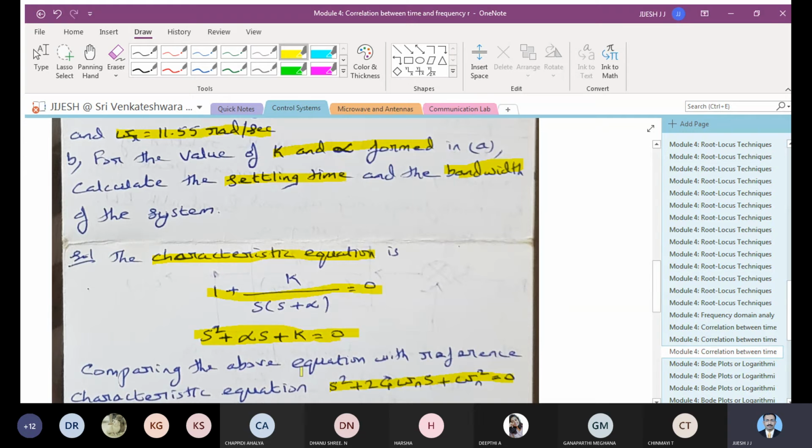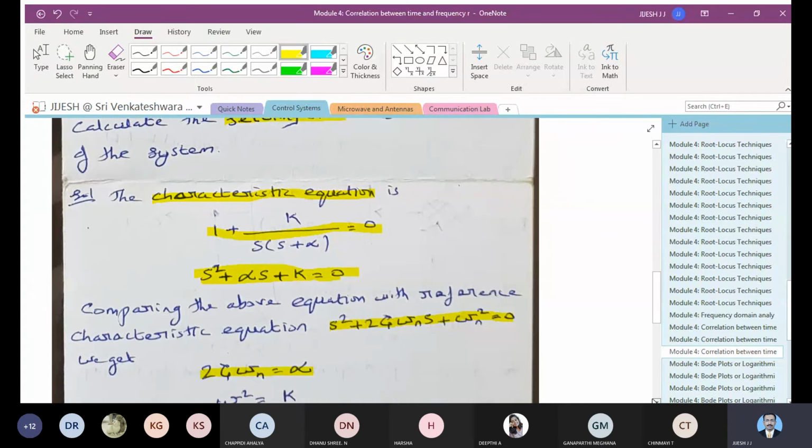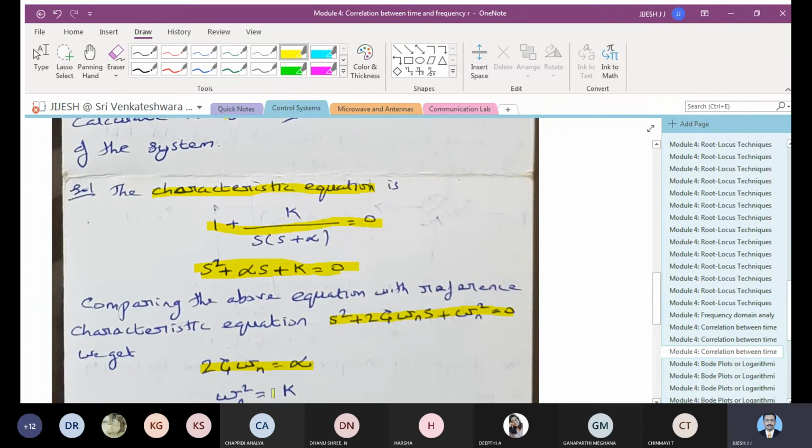When you compare them, you get 2 zeta omega n is alpha and K is equal to omega n square. You can solve it along with me, then we will continue further.